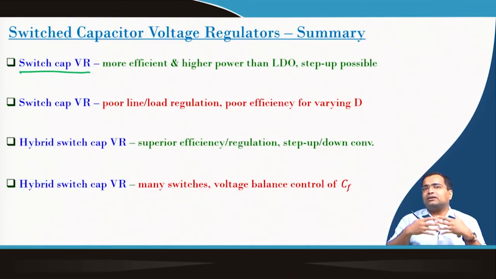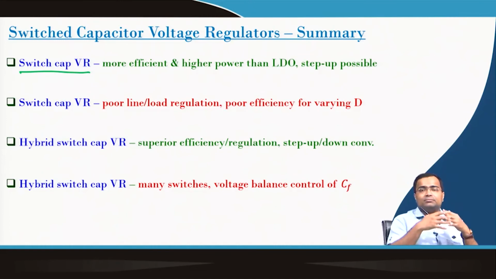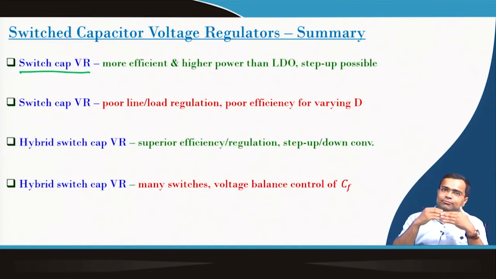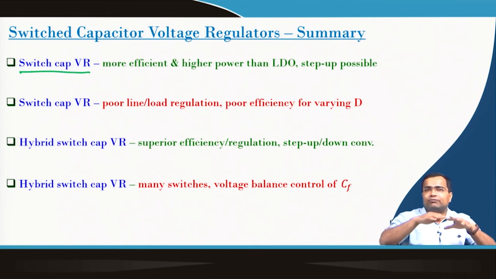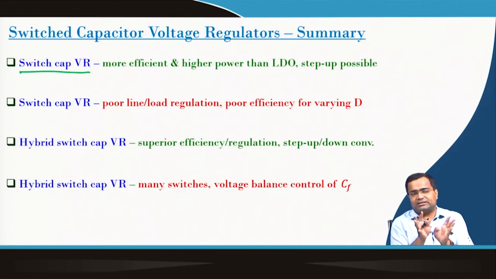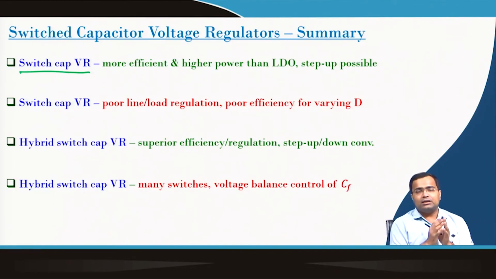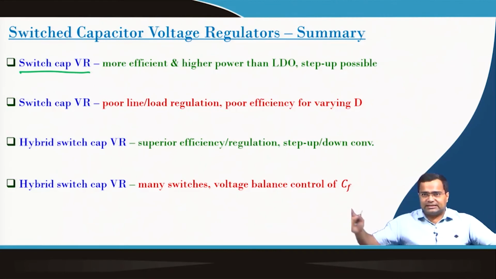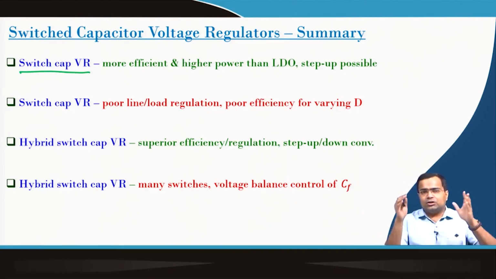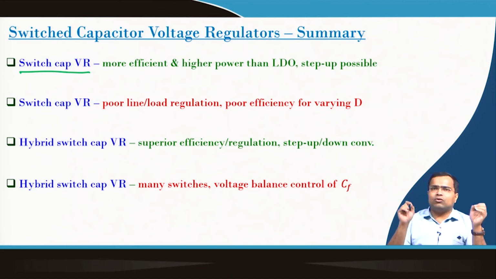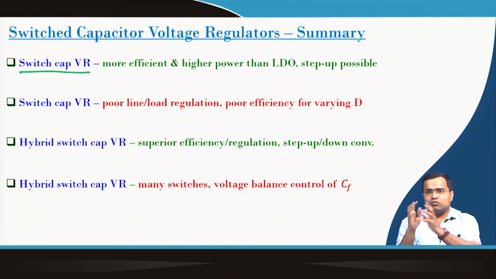It also requires that the flying capacitor voltage be maintained, because if the flying capacitor voltage deviates significantly, then a regulation problem occurs. We are just showing a single stage step down conversion, but if you use multiple such stages, that means multiple cells, say you want to achieve a voltage step down of 1/8, you can connect 1 by 2, 1 by 2, 1 by 2 in cascade.